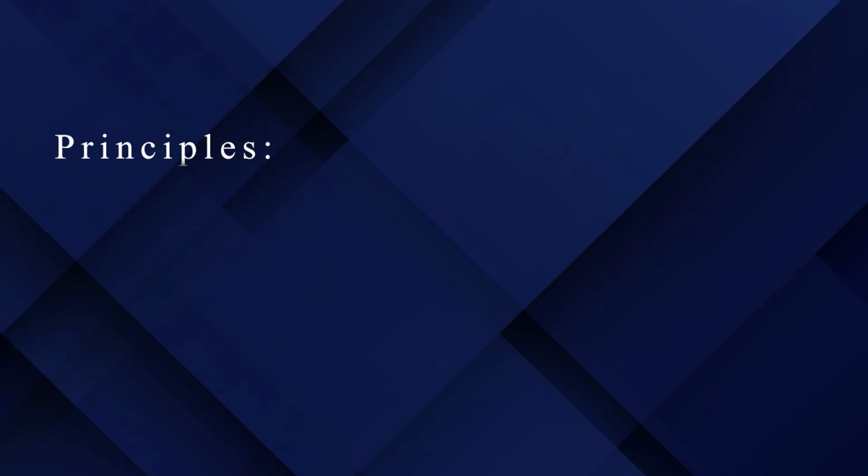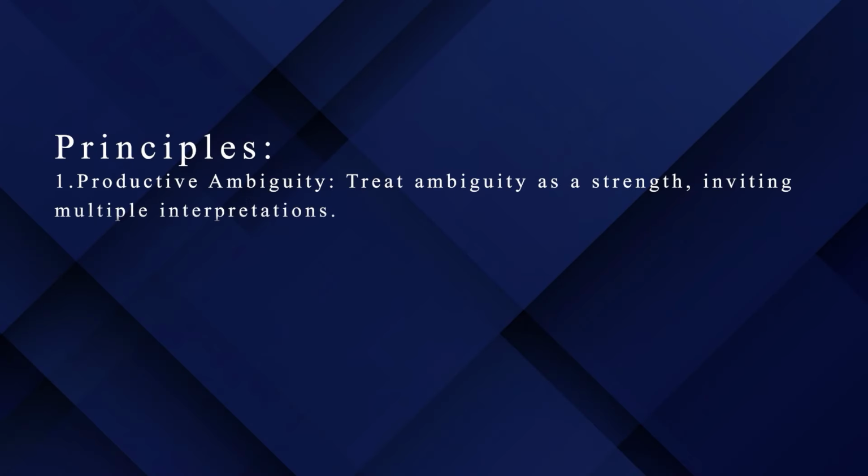What are the principles? You should treat ambiguity as strength inviting multiple interpretation, not as a weakness necessarily in the poem. It's not that the text is always self-contradictory or puzzled as if the author cannot put his or her thoughts together. Sometimes, especially in mystical texts, we are deliberately using ambiguity.